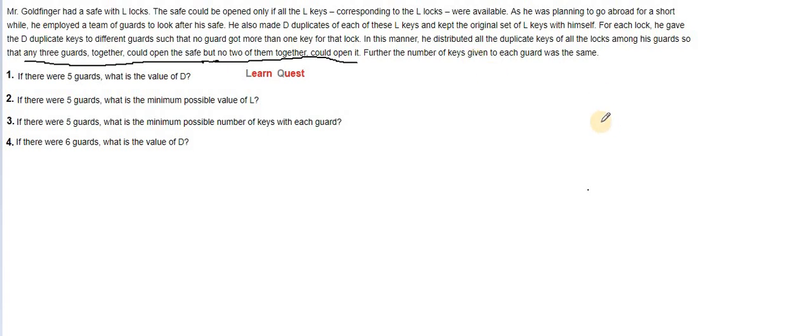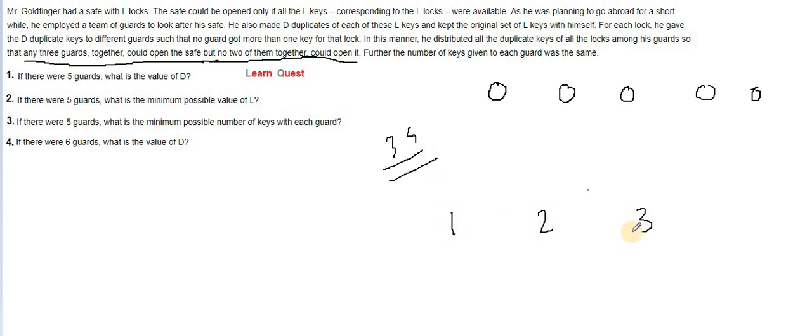Okay, but anyhow, let's come to the logic part of this set. Well, if we deal in terms of variables, it would be a bit tough to imagine. So for timing, let's play with numbers. Suppose there are five locks, 1, 2, 3, 4, 5 locks. And say there were three guards: guard number 1, guard number 2, guard number 3. Now we know that two guards together cannot open the lock.